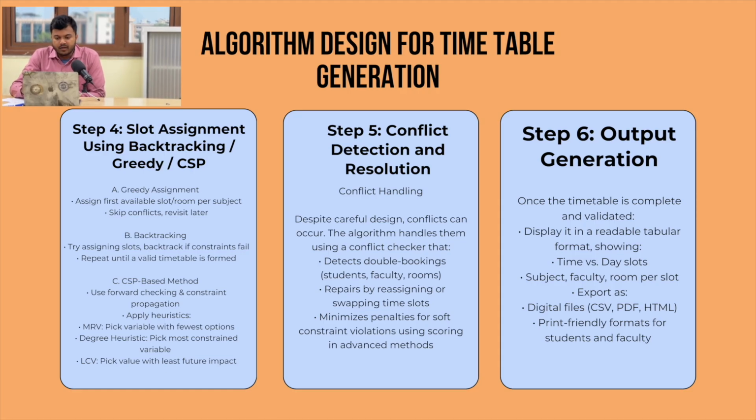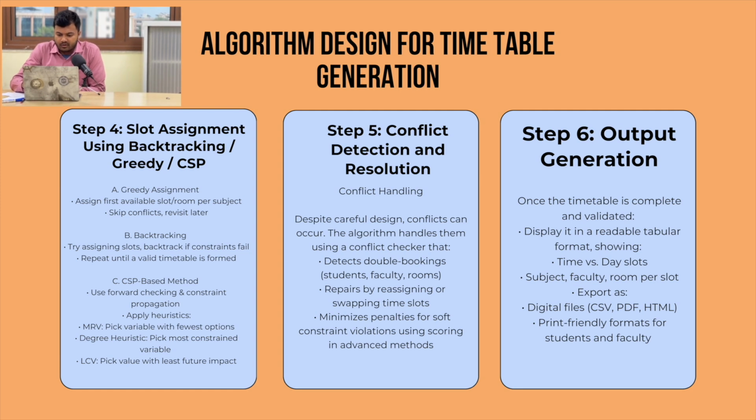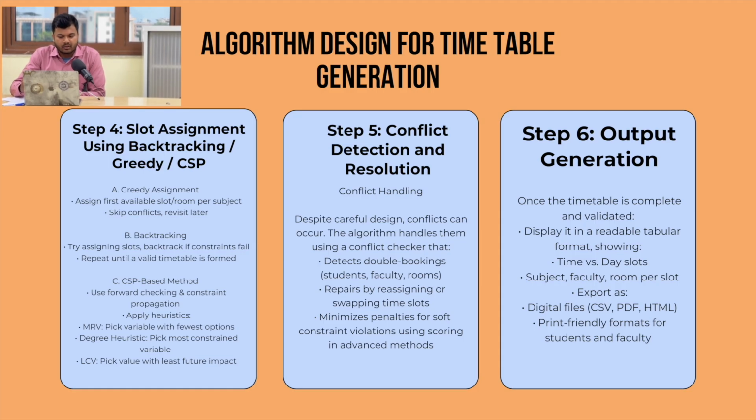In step 5, conflict detection and resolution. Despite careful design, conflicts can occur. The algorithm handles them using a conflict checker that detects double booking of student, faculty, or room. Like that, a particular student cannot be in two classes at the same time.